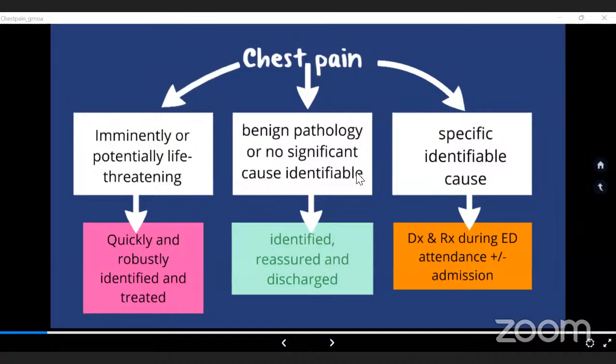There are some causes for chest pain which are significant, but they are not immediately life-threatening, but that needs some specific treatment. And there are some chest pain causes which are very benign, and that patient can be left alone in the corner of the ward until you show this patient to the senior and get the senior's opinion for discharging the patient.